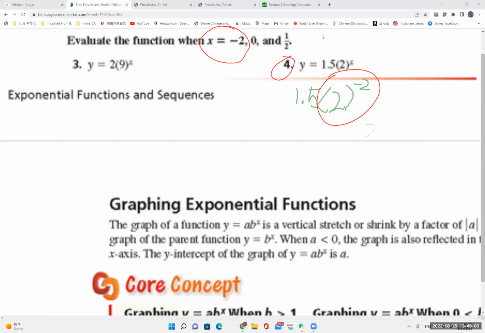This is the key thing you need to know. Remember the formula? Okay, I'll show you how to do it. We learned this in section 6.1.